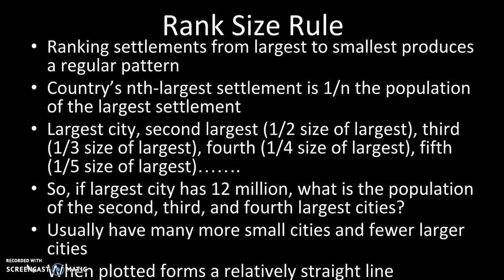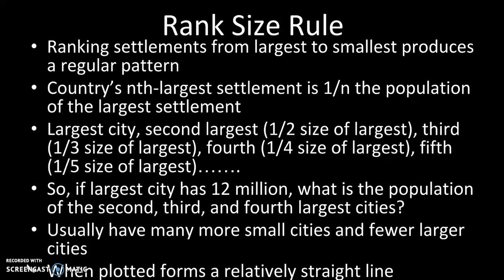Then the second largest settlement will be half the size of the largest. The third largest settlement will be a third the size of the largest. The fourth largest will be a fourth the size of the largest. All the way down until you could get to the 20th largest settlement, which will be 1/20th the size of the largest. The 200th settlement theoretically would be 1/200th the size of the largest.